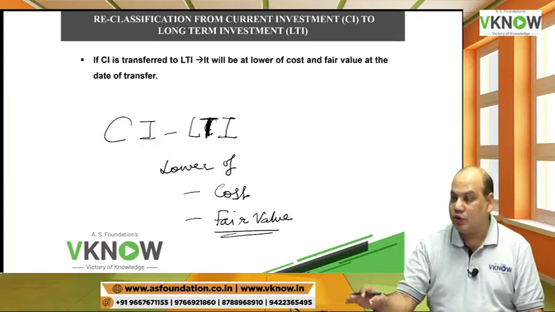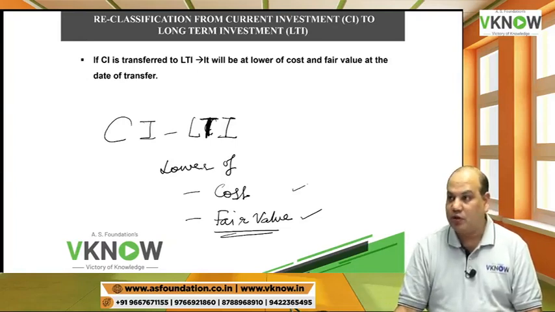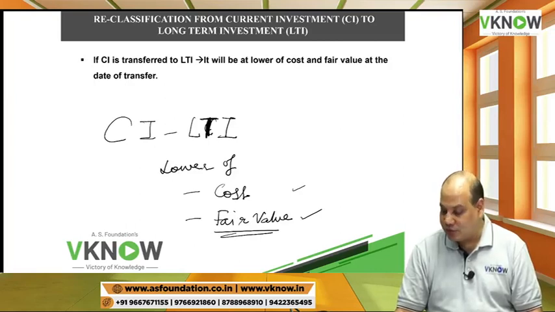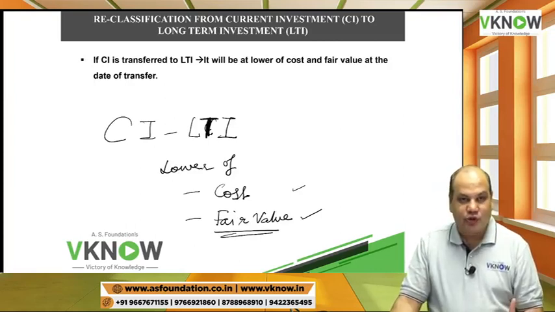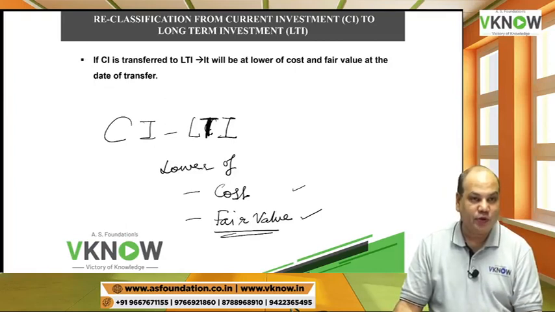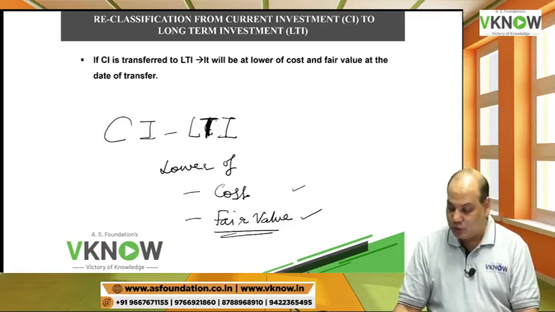If fair value has gone down, take fair value. Otherwise, take cost. So the idea is that you can't make profit when you transfer. Otherwise, just to make profit in the books, you will reclassify investment from long term to current or current to long term. So we will take the lower of the two.